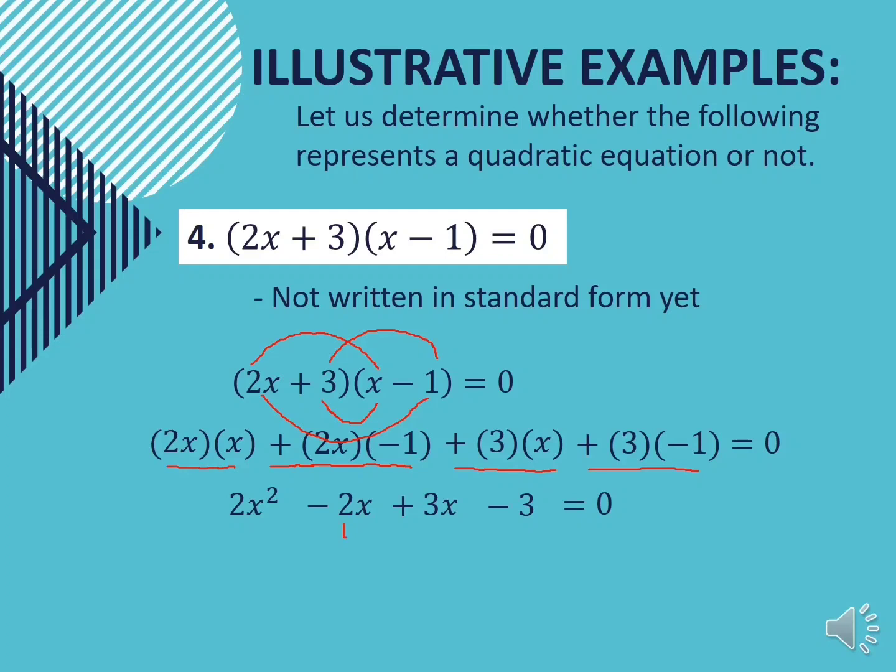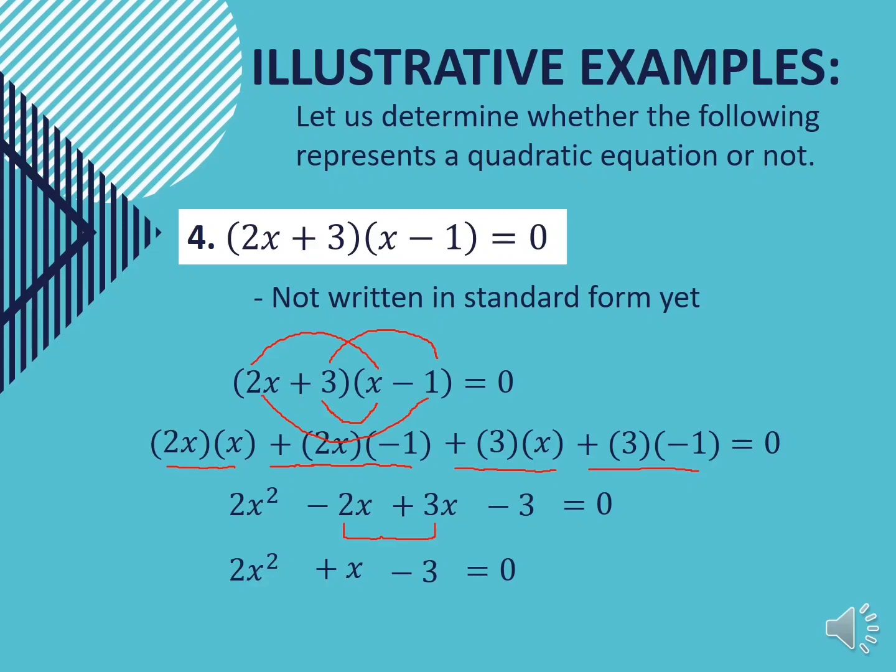Magkaparehas pa po ng terms ito. Okay, so ang 2x squared, we just need to copy it. And then negative 2x plus 3x, and that is, okay, very good. So that is x, positive x. Kasi mas malaki yung 3. So therefore, we just need to copy the sign of the larger number. So that is positive x. And then minus 3 is equal to 0.